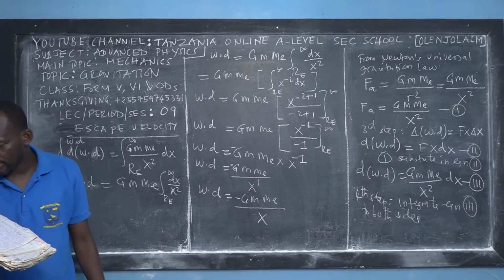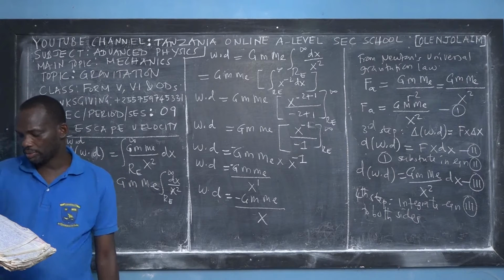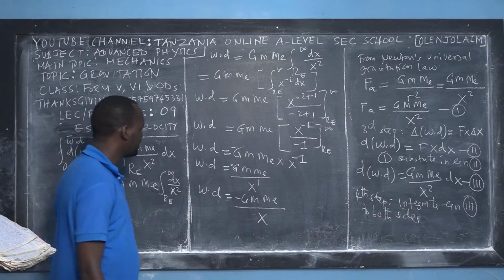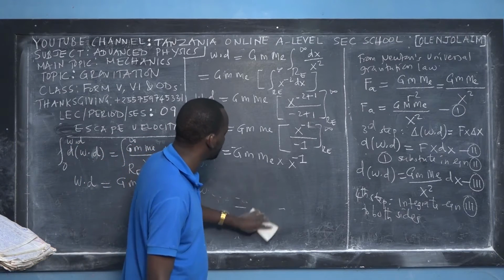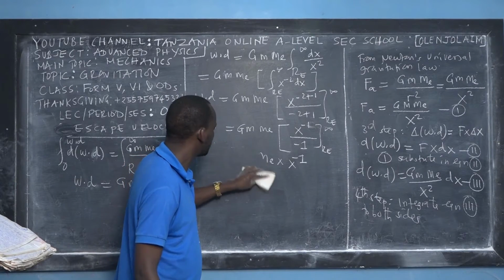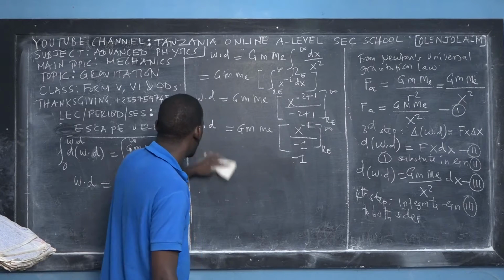Remember, our intention is deriving the formula for escape velocity. But yes, we didn't substitute our limits first, because we have limits.